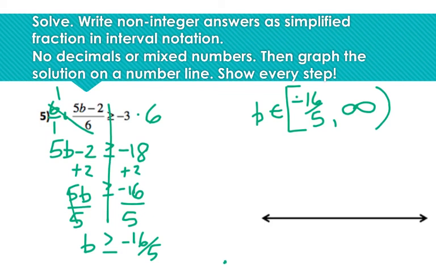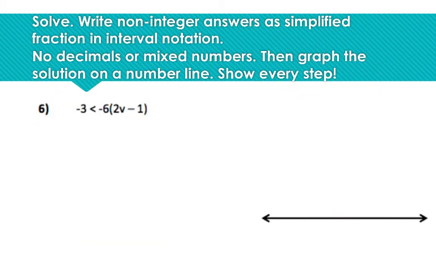Now to graph, we have negative 16 fifths, and we have to think about what two numbers would be next to negative 16 fifths. 15 divided by 5 is 3, so it's just a little more than negative 3, so we could write negative 3 here, and this would be negative 4. This will be a closed circle, and the arrow goes right to positive infinity.